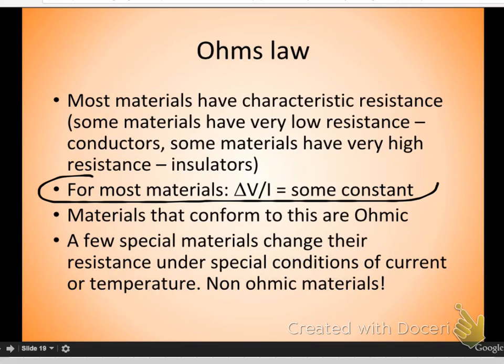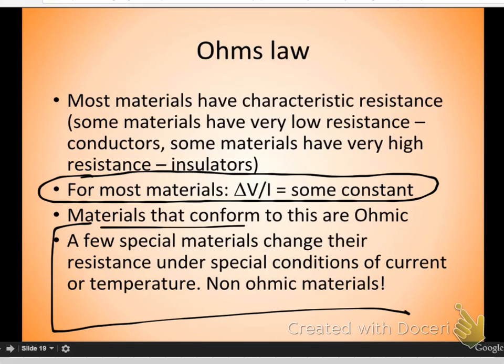For most materials, the amount of resistance they have is some constant number of ohms. We can determine the amount of resistance in a material. Those are ohmic materials, so their resistance does not change. There are some things that change their resistance, that they conduct differently based on conditions. Any idea what we might call those?